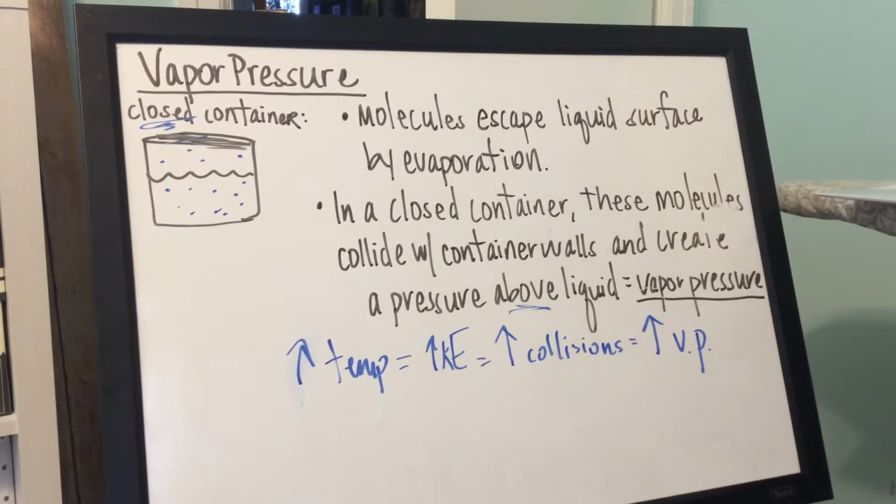So that's kind of a takeaway point. And the same could be said for the reverse of that. Lowering your temperature decreases your kinetic energy, it decreases your collisions, and it decreases your vapor pressure. So that's a big takeaway.